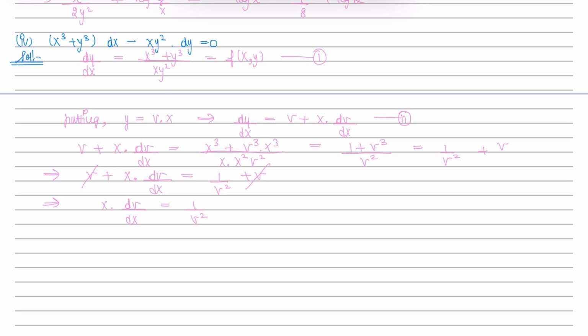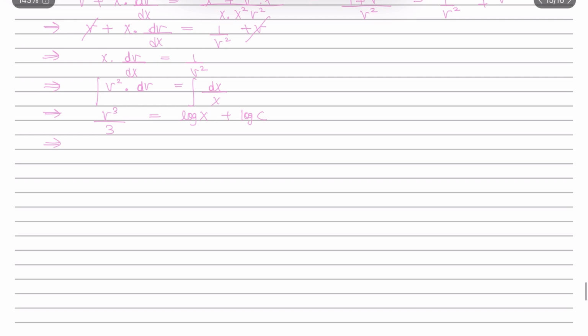Now clearly this equation is reducible to variable separable form, and we will separate the variables as v square into dv is equals to dx by x. Integrating both sides, this will become v cube by 3 is equals to log of x plus log of c, which implies v cube is equals to 3 times log of x into c.